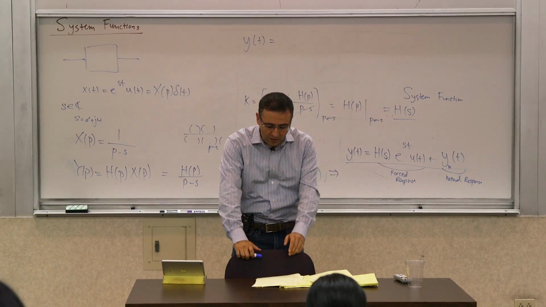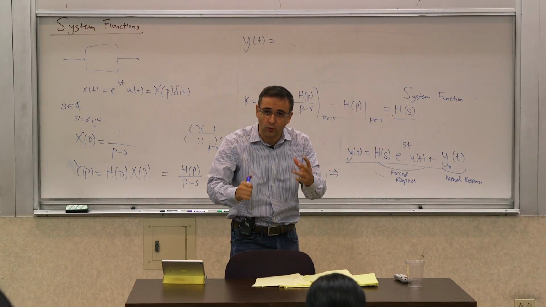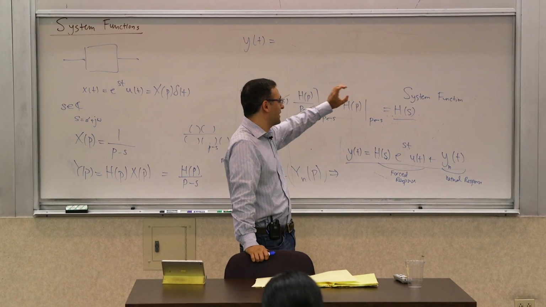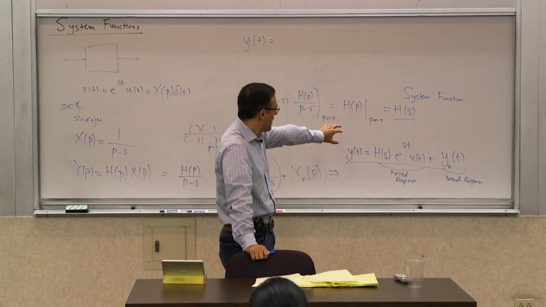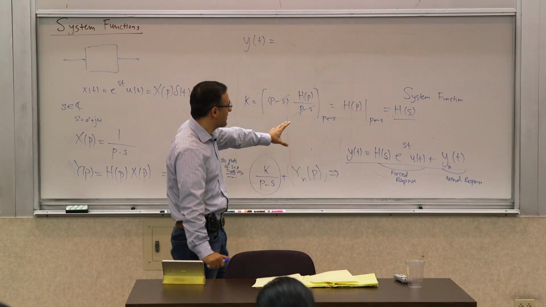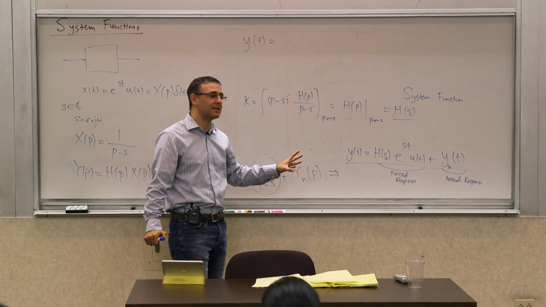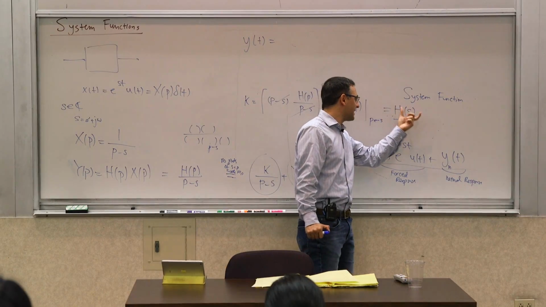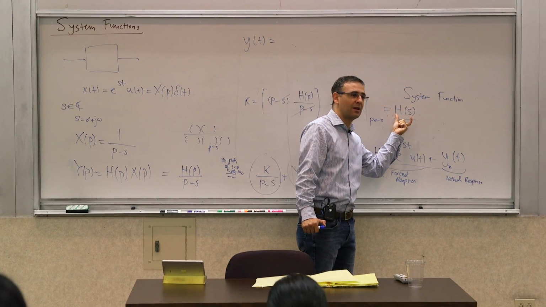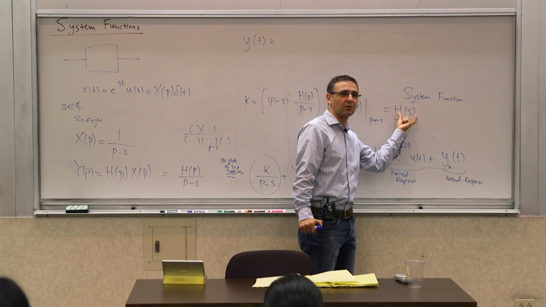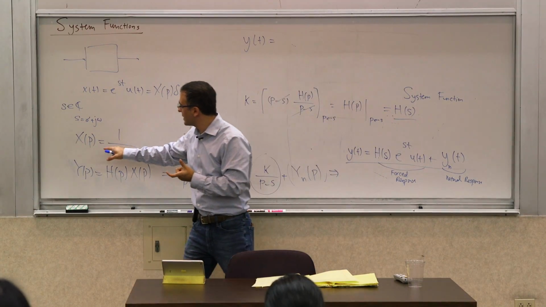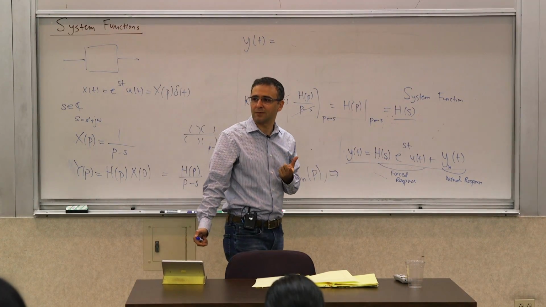So if you only care about the forced response and not the natural response, there's a very easy way to calculate it. All you need to do is, at the complex frequency you are hitting it with, evaluate the system function, which is the system operator where you take the p and replace it with an s.